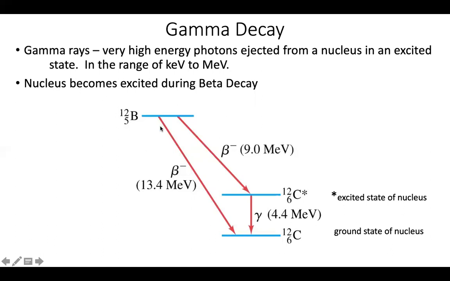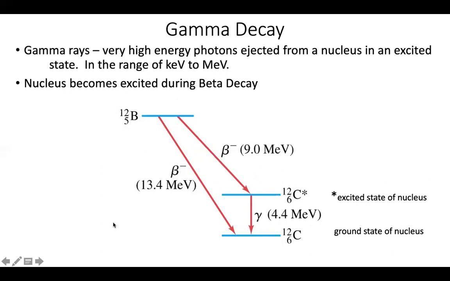So here's an example, starting with boron 12. It could have beta decay and become carbon 12 and release in the process 13.4 mega electron volts. Or for whatever reason, in the process of the beta decay, it becomes carbon 12 in an excited state.